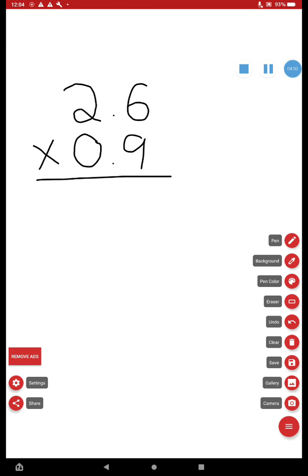First step, ignore the decimals and just go right for the two-step multiplication. 9 times 6 is 54. Write down the 4, carry the 5. 9 times 2 is 18. 18 plus 5 is 23.